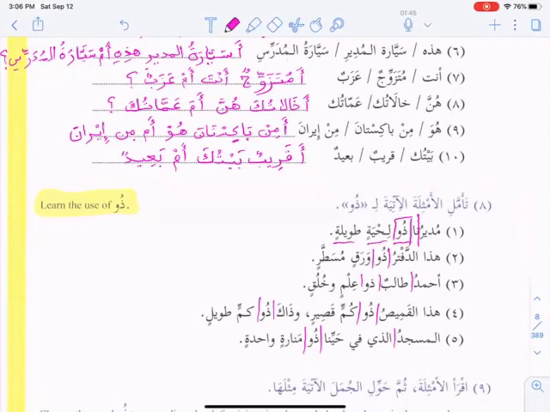He has a long beard, you know. Liyatin is the beard, tawilatin, long. Mudiruna, our mudir has a long beard. Okay. Now remember, here the zu came as a khabar.